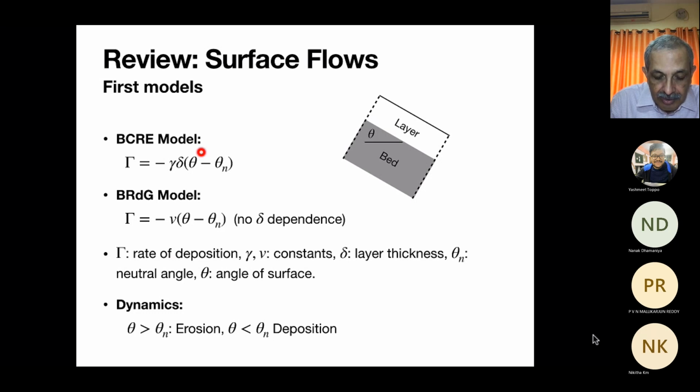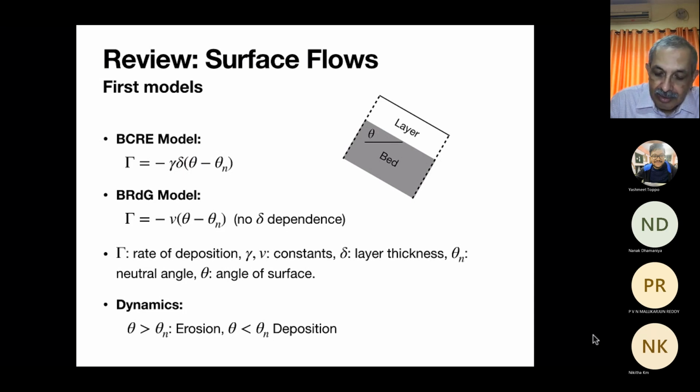If you look at this equation, then if theta is greater than theta_n, this quantity is negative, and so you have erosion. Instead of deposition, since it's a negative value, it is being eroded. Particles will keep on getting removed from the bed until the angle becomes equal to theta_n. So the angle changes as the erosion occurs.